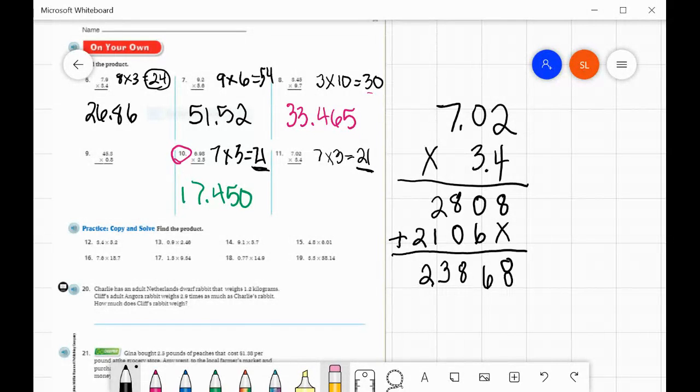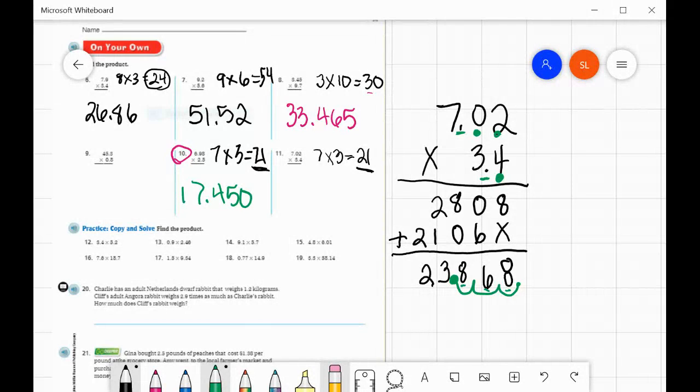We have to go look at how many digits there are behind the decimals. Here's my decimal here. I have 1, 2, and then here's my decimal here, 3 digits behind the decimal. So I'm going to move my decimal 1, 2, 3, and double check. 1, 2, 3.